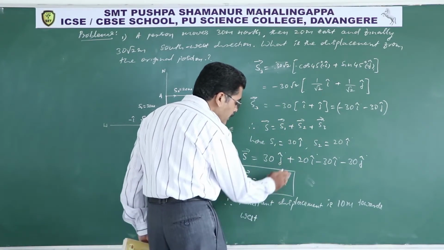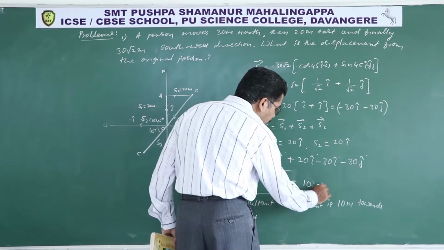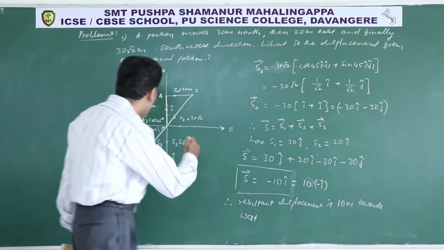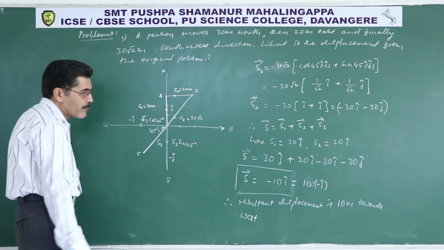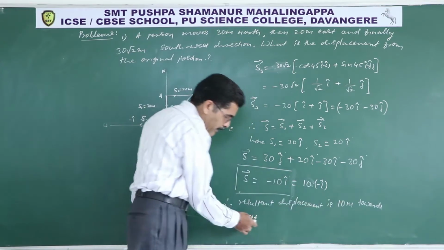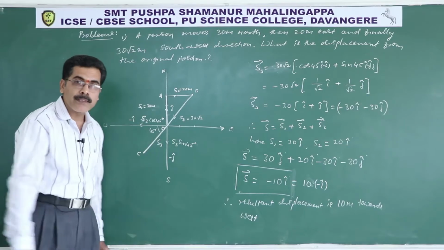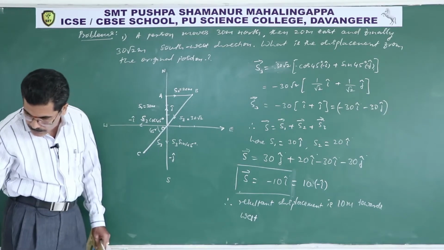So actually this means 10 into minus i cap. Minus i cap is directed towards west. Therefore, 10 meter along the west direction. See what it implies. Let us take another problem.